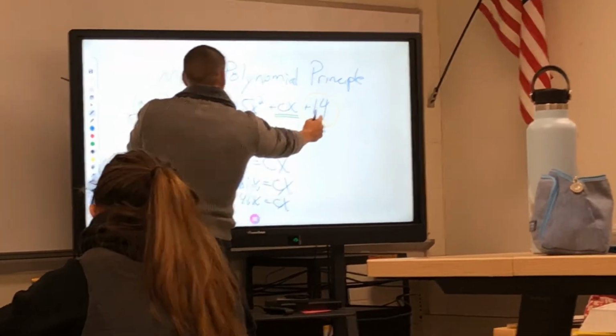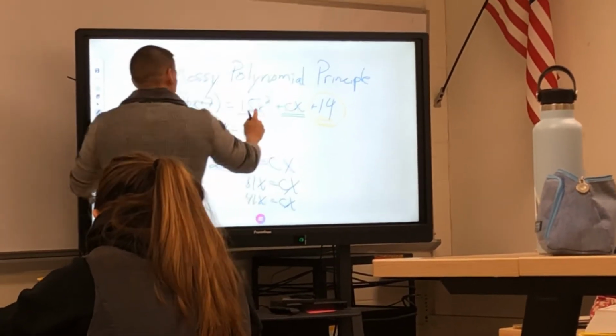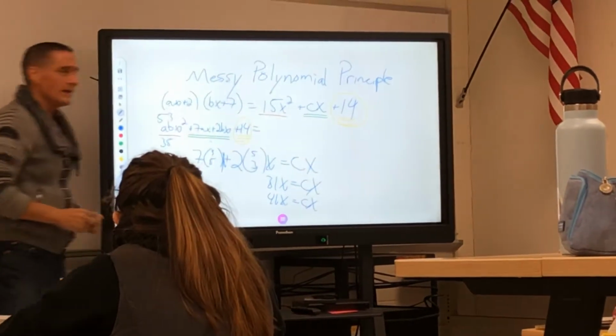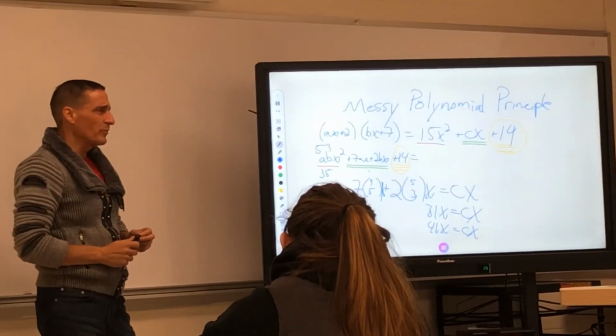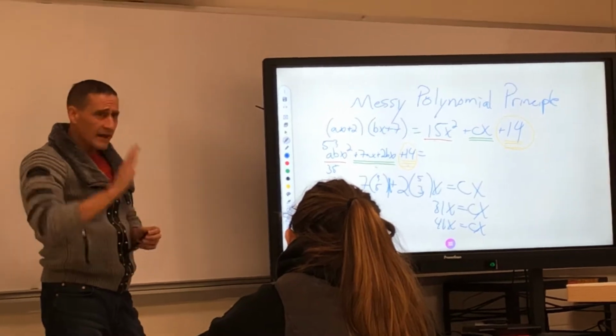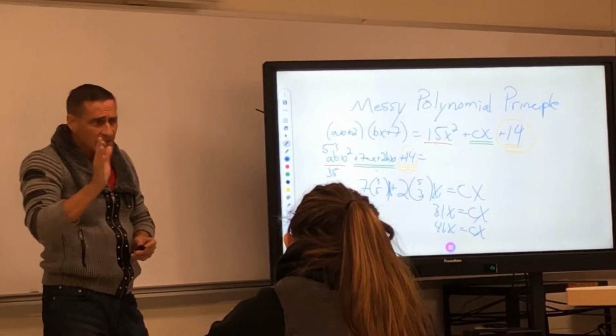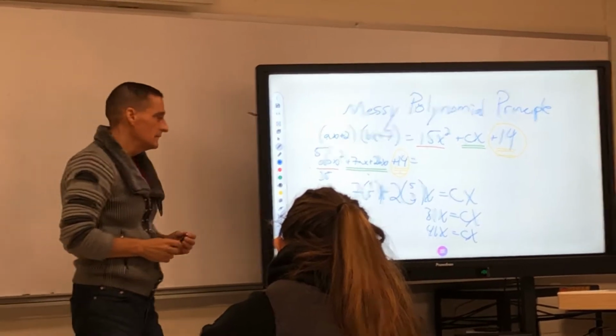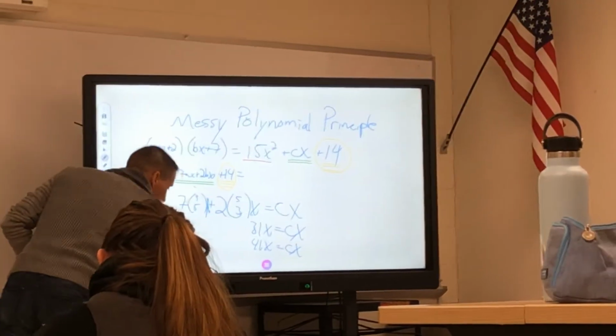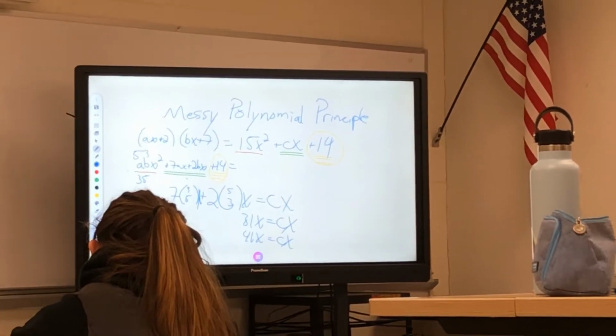Hey, these are equal, so therefore I can set these equal and those equal, and I'm golden. Makes sense? Messy polynomial principle, I've seen it, not on every test, but I've seen it on probably more than half. Any questions on the messy polynomial principle?